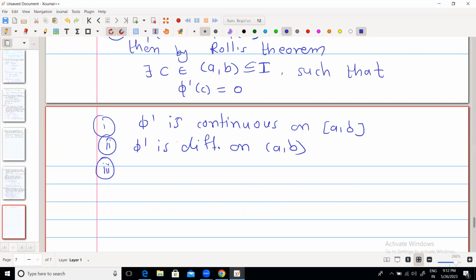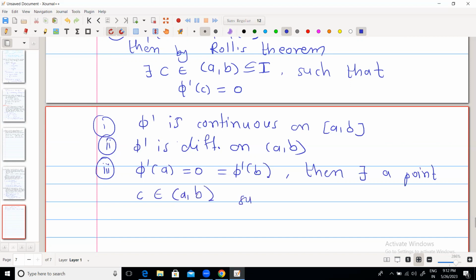Third one, phi dash of A is 0, which is equal to phi dash of B. Then there exists a point C belongs to AB such that phi double dash of C is equal to 0.